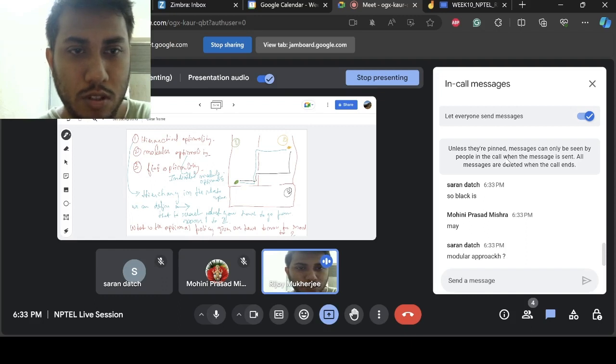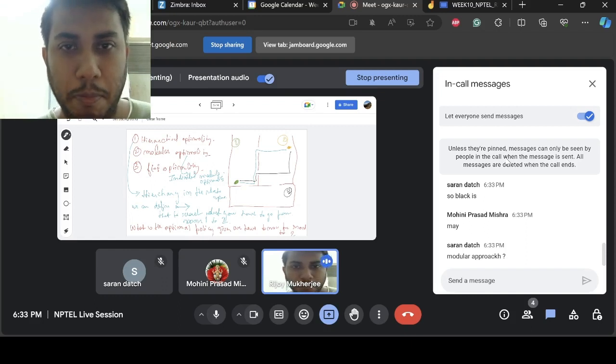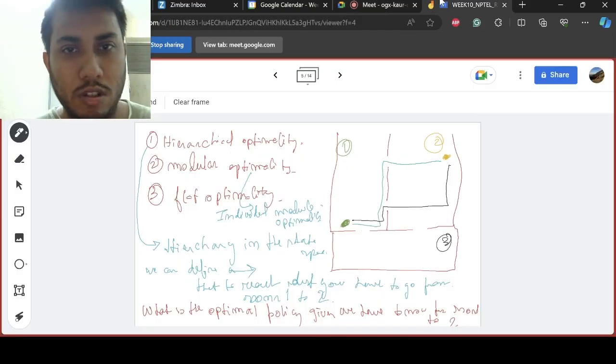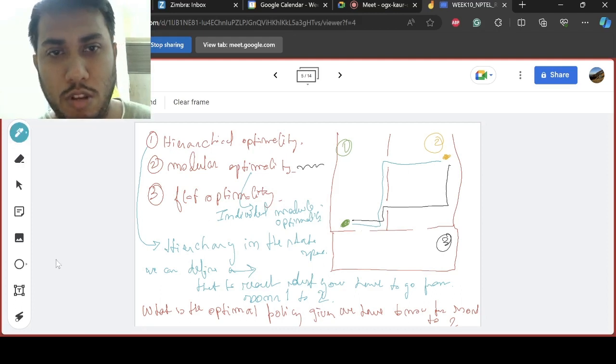So black is your modular approach, and the other color is your hierarchical approach.